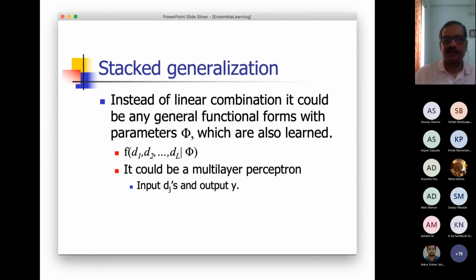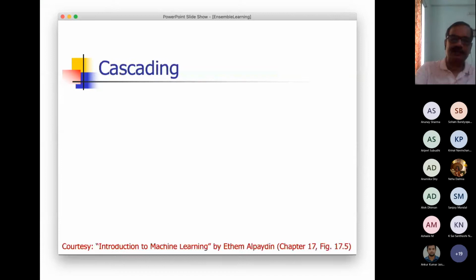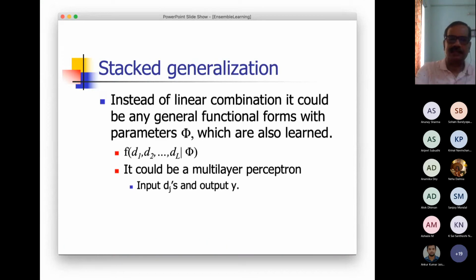So why not consider this as input to the decision fusion process, which also has to be learned through some classifier? It is the second stage of classification. In the first stage, you take the decisions of experts, and in the second stage, you use another classifier where you learn how best to use those decisions to get correct classifications. It could be a multi-layer perceptron. That is the stacked generalization strategy.